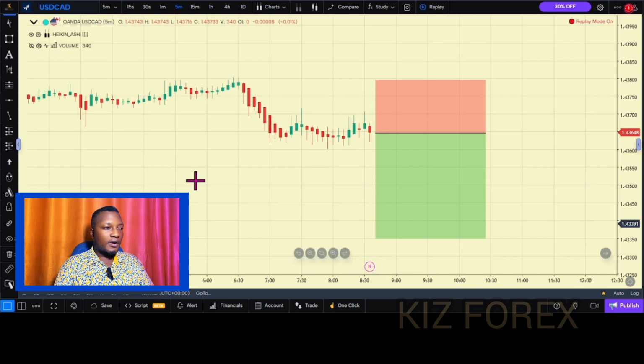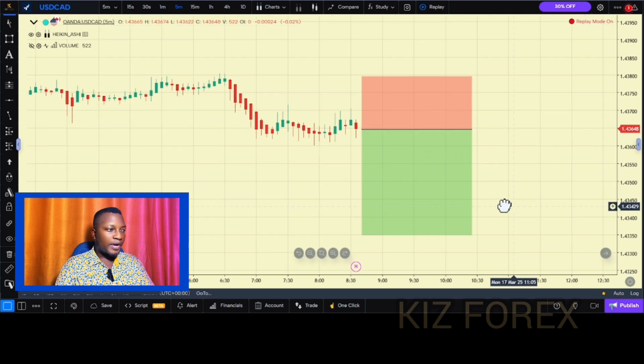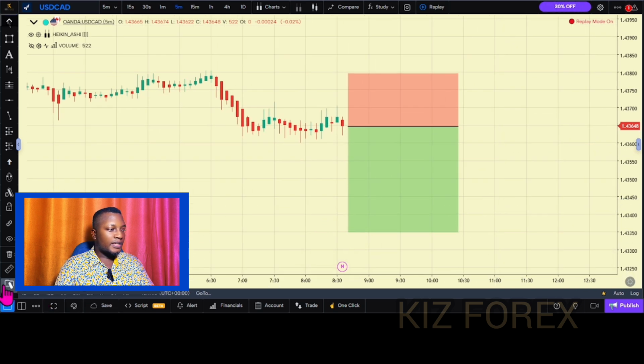We've just set our trade right now, and let's see how it plays out and see if we are actually going to be hitting our TP in this trade. As you can see right here, our trade has been triggered, and let's watch whether it's going in our direction or not.